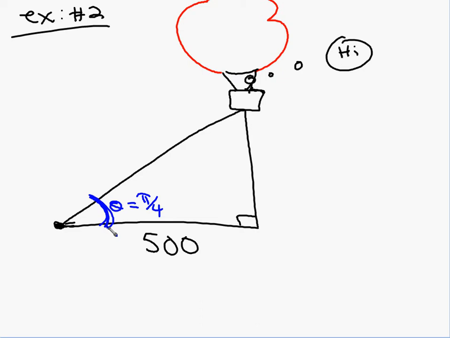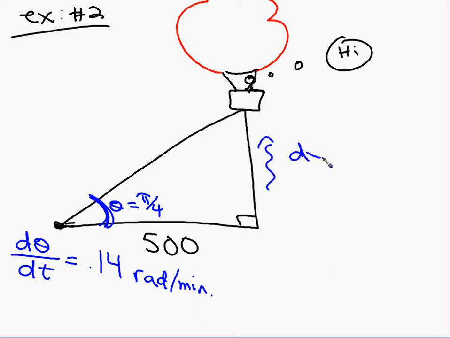So this time I am told d theta/dt is 0.14 radians per minute. Okay, this time we are relating an angle changing to one of the sides. Okay, now what does the question ask? How fast is the balloon rising at that moment? So the balloon is going up and we want to find dy/dt. That's what I'm trying to find, is dy/dt.